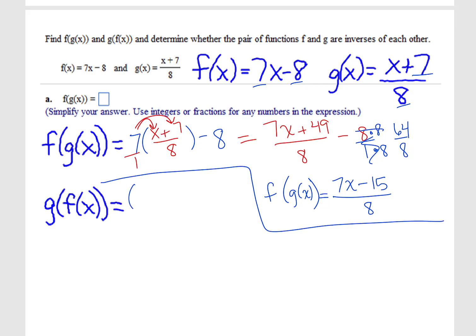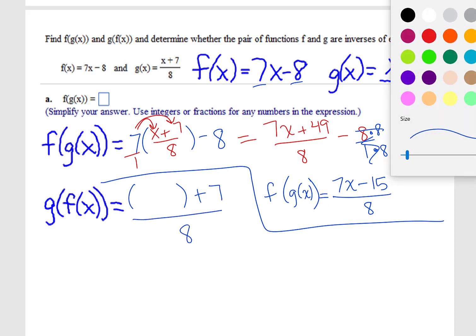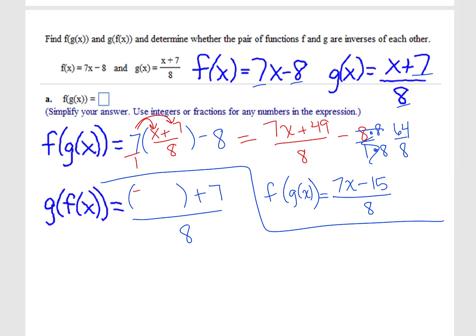Okay, so I'm going to write g of x plus 7 over 8. My x in this case is the 7x minus 8. 7x minus 8 plus 7 is 7x minus 1 over 8.